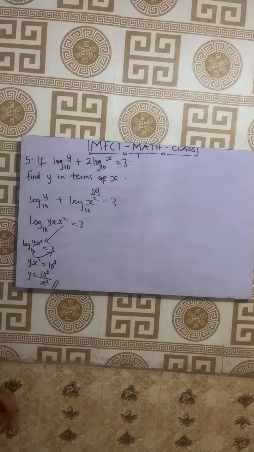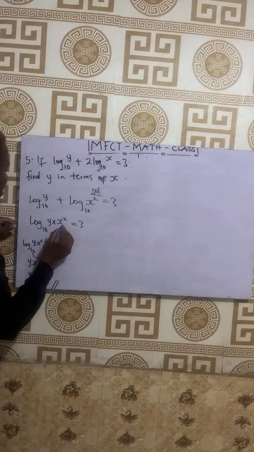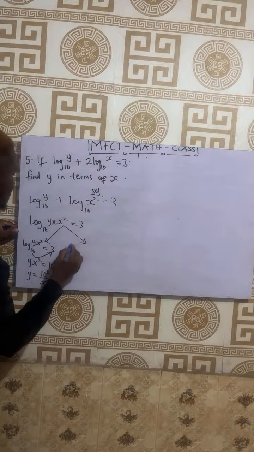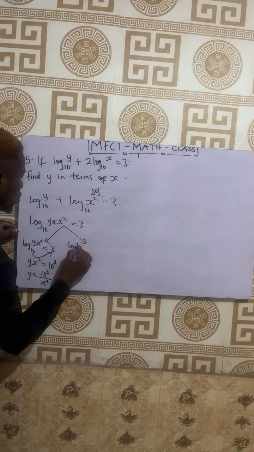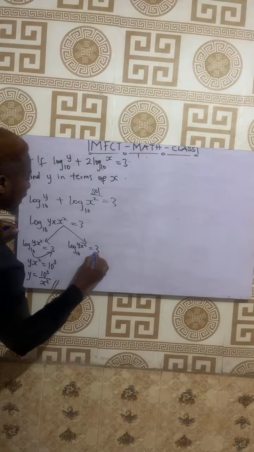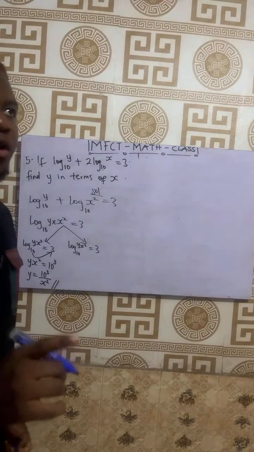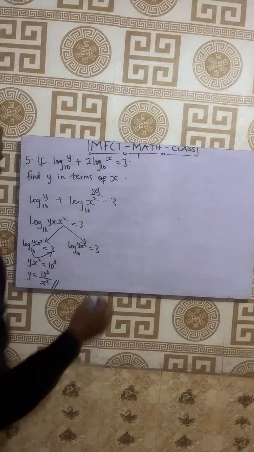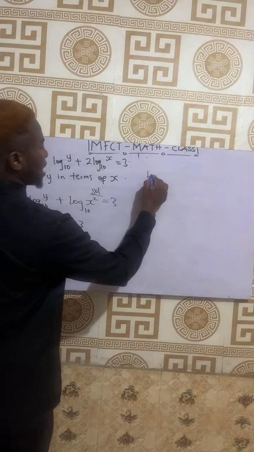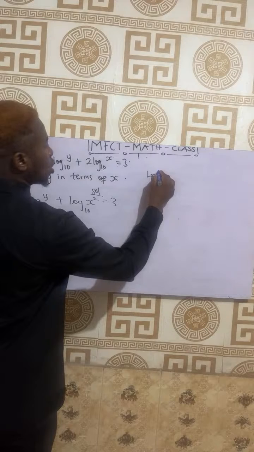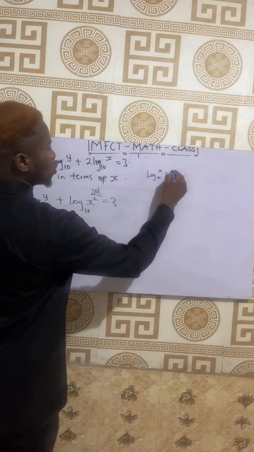Now, the other method I want to show you is this: what I have here is log of yx squared base 10 equals 3. There is a logarithm rule that whenever we have an expression like log of a number to the same base, it equals 1.